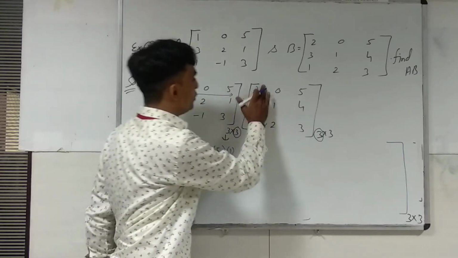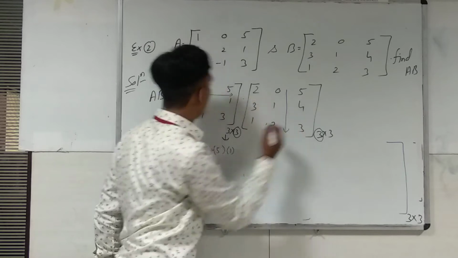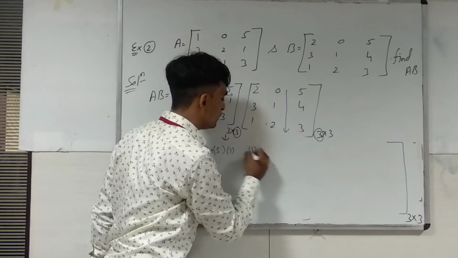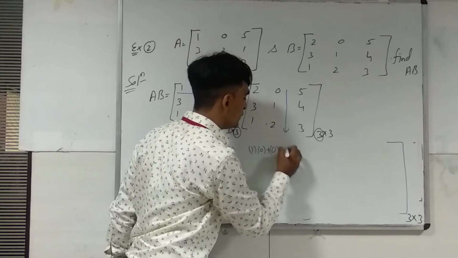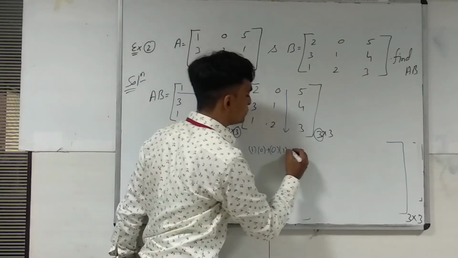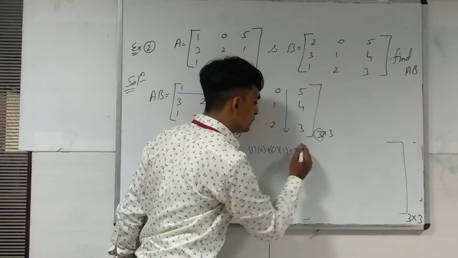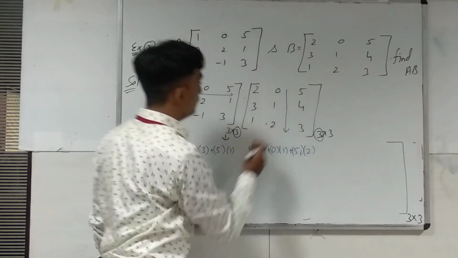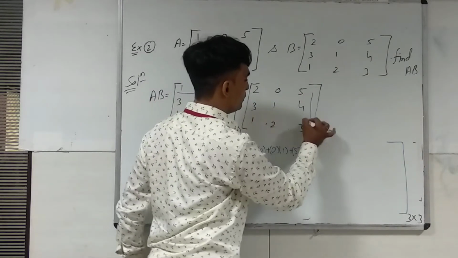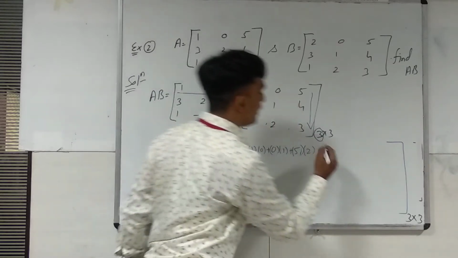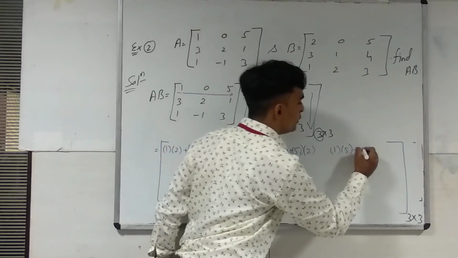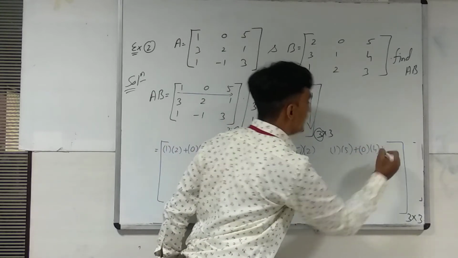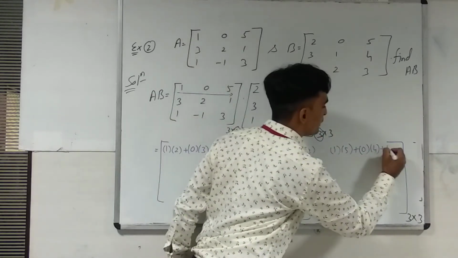Same, first row, second column: 1 into 0, plus 0 into 1, plus 5 into 2. First row, third column: 1 into 5, plus 0 into 4, plus 5 into 3.